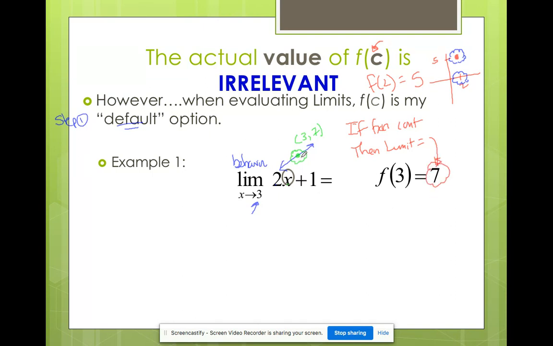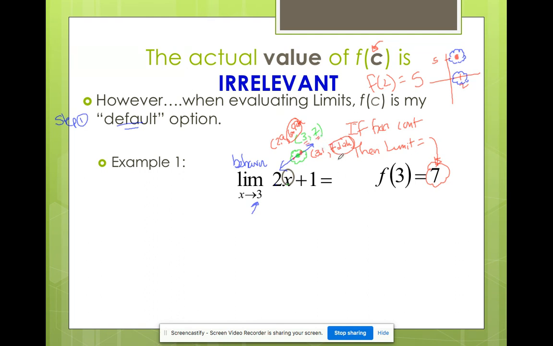For exactly the reason I talked about. When you plug in 2.9, you get something really close to 7-ish. When you plug in something close to 3, you get something close to 7, right? I don't know if it's exactly 7.1, but you get the idea. So everything, the range, as you get close to 3, the ranges are close to 7. And that's all I want for a limit.